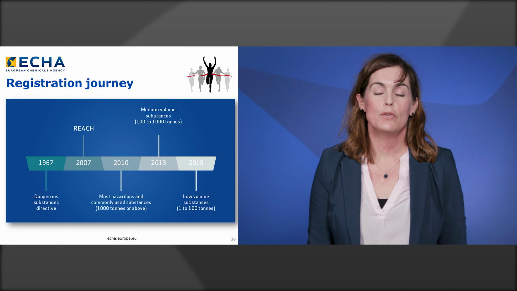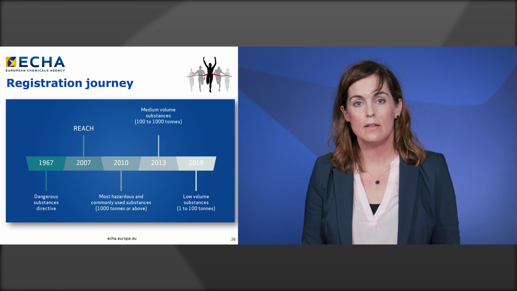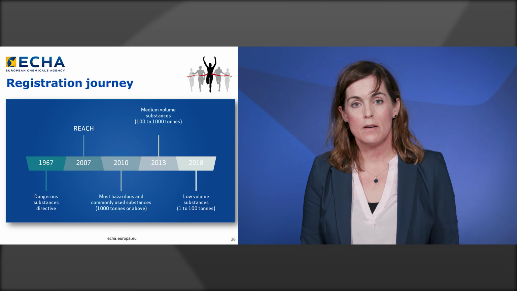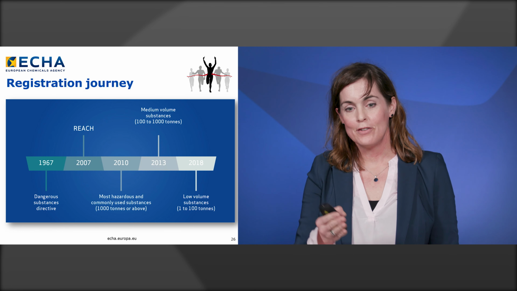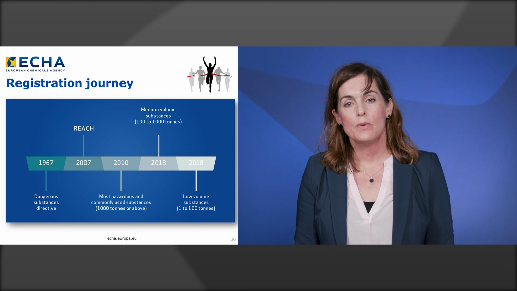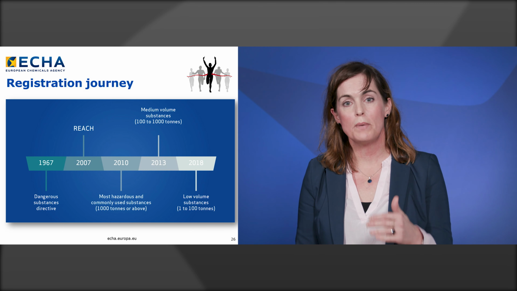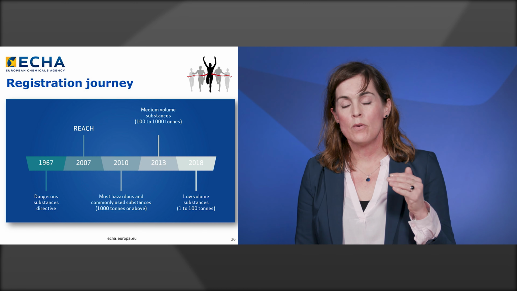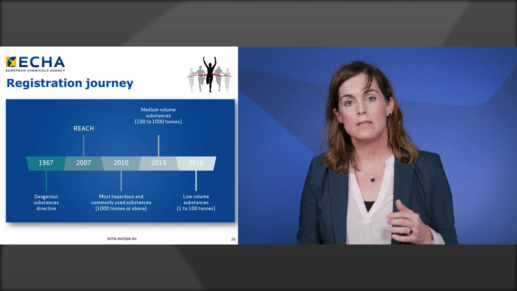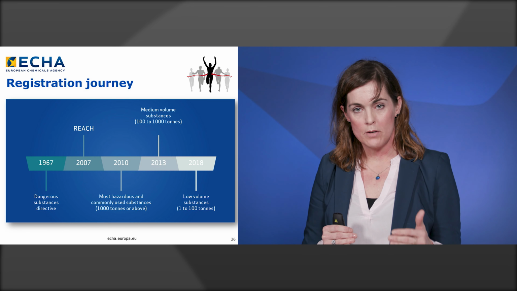So looking back to 1967, as Björn mentioned, this was the first EU-wide directive that governed dangerous substances. This compared to 2007, when we had REACH, 12 years ago. REACH stipulated 3 different registration deadlines, and this was based on volumes. And why the volumes are so important is that information requirements in REACH are determined by the volume.